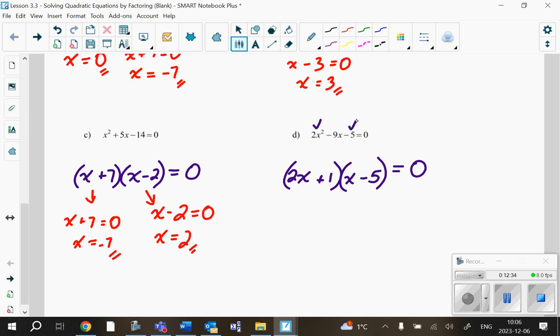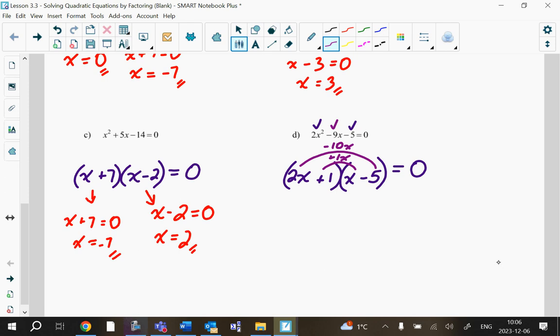But then I have to check to see if the middle term works if I were to multiply this back. How do I check the middle term? The outside product, -10x, plus the inside product, plus 1x, does in fact equal -9x. So that is the correct factored form of this trinomial.